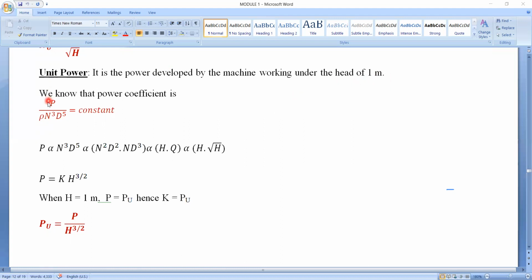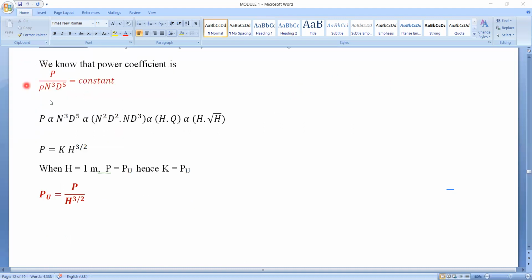In order to obtain the equation for Pu, that is unit power, let us consider the power coefficient, pi 3. We know that pi 3 equals P divided by rho n cube d to the power 5, which is equal to a constant. So P is proportional to n cube d to the power 5. Listen here carefully, this is important.